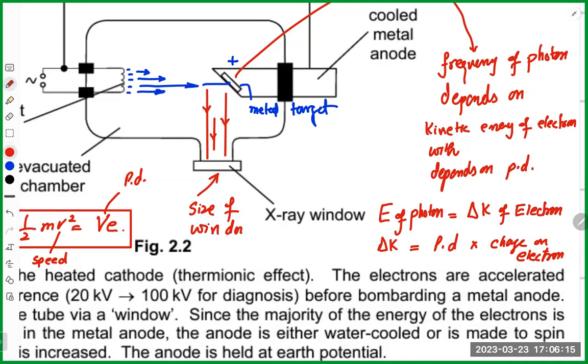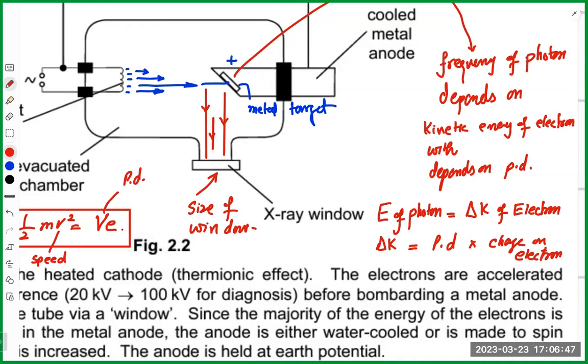We can change the size of the window, and that will help us to change the sharpness of the X-ray image. Secondly, we can make the X-ray emitter go away from the target. If this is placed far away from the patient, then the radiations will almost reach the patient parallel to one another, so the image will become more sharp.